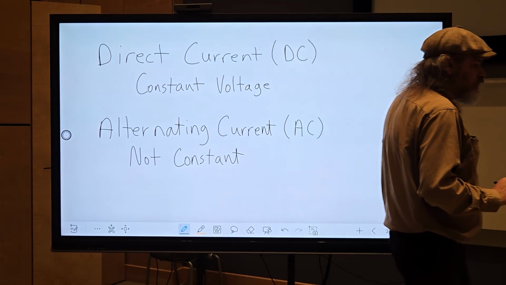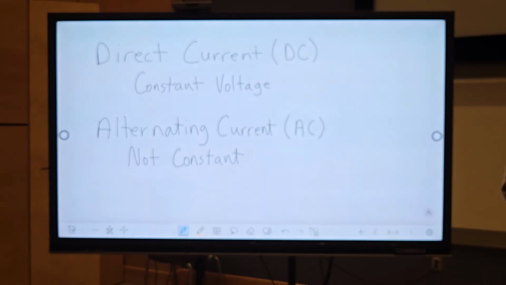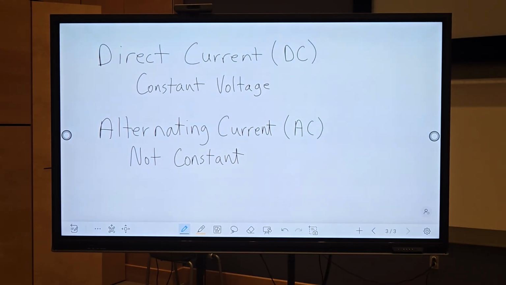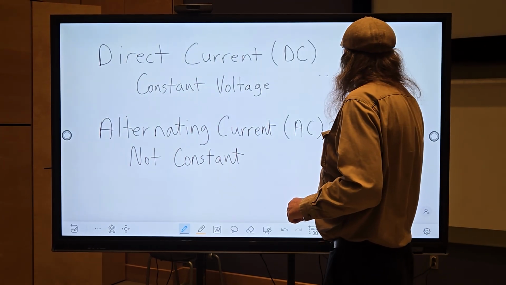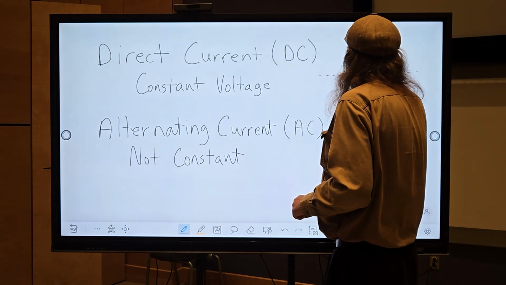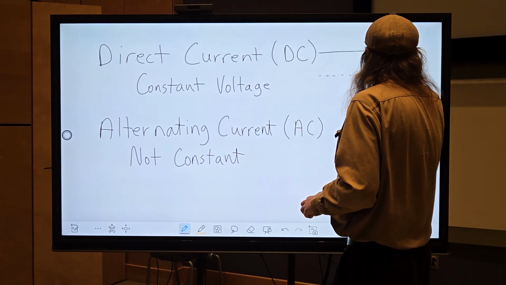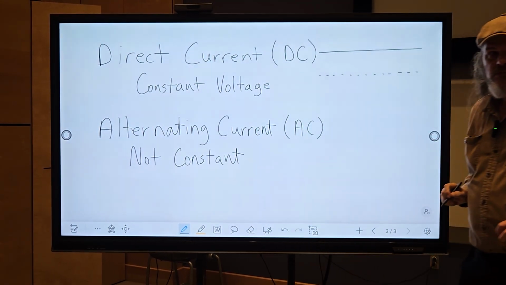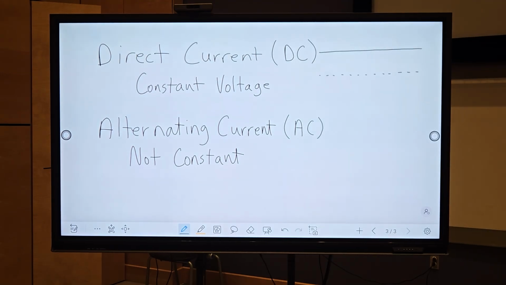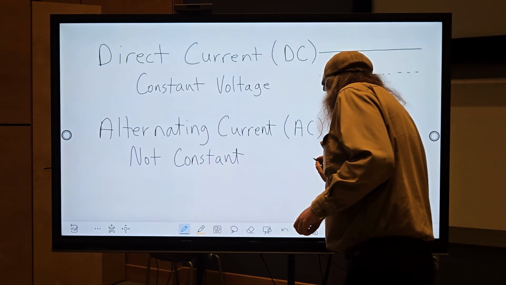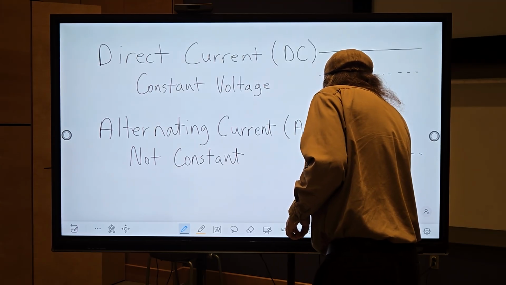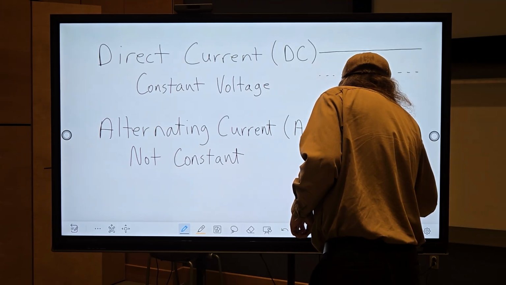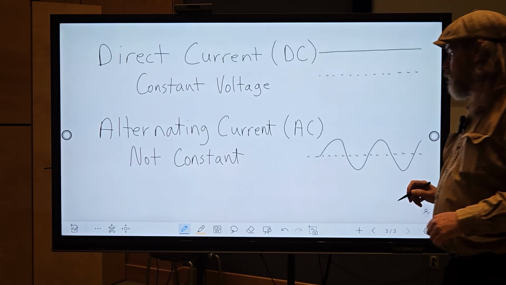The voltage fluctuates, typically above and below ground. So if this were ground, DC would be a constant voltage above ground. Whereas an alternating current is typically a sine wave above and below ground.